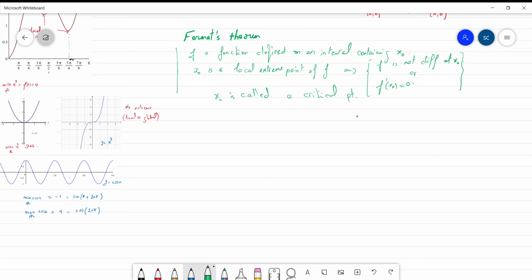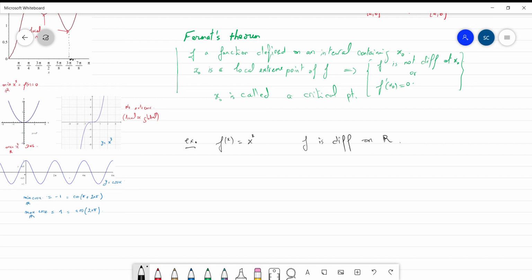So, for example, let's start with an example. Let's say f(x) equals x squared. f is differentiable everywhere here; we know it's a polynomial function, differentiable on R. The theorem says if you are looking for a local extreme point, there must be a critical point, that means where f is not differentiable, or f prime at x0 equals 0.